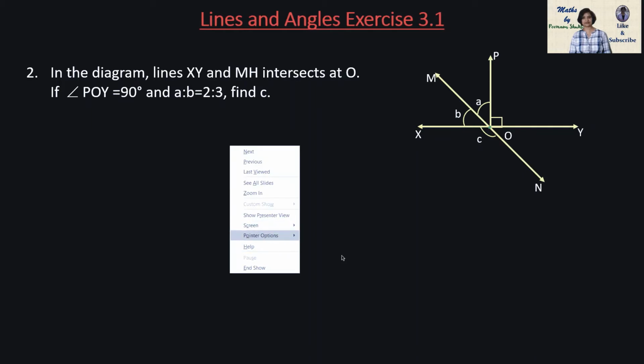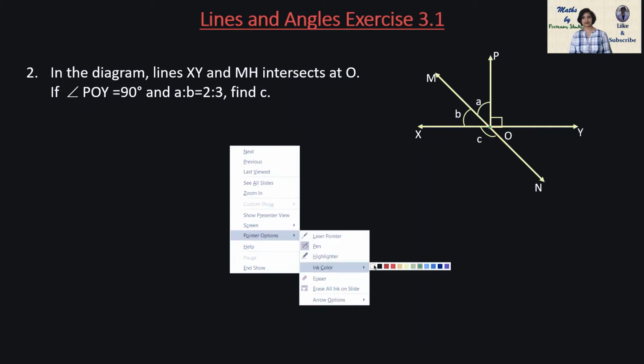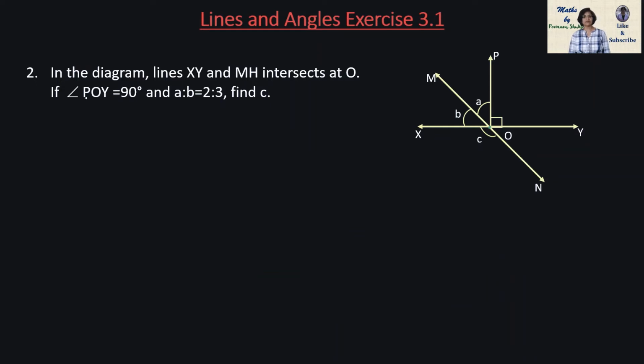Here, if angle POY equals 90 degrees and A to B equals 2:3, the ratio of these two angles is given. So there is no problem. This is 90 degrees. This is 90. A is 2x and B is 3x. This is given in the form of a ratio, so we will write it in that way.